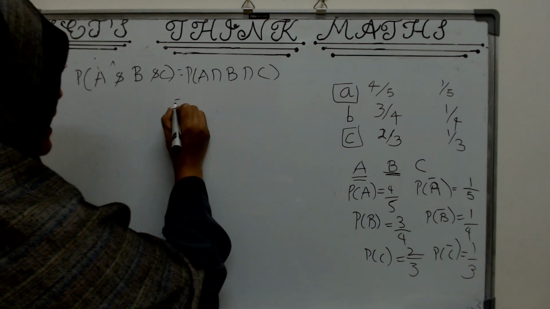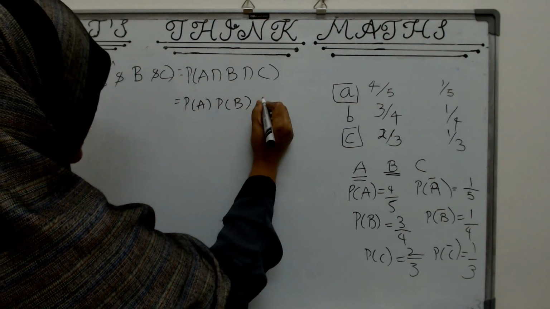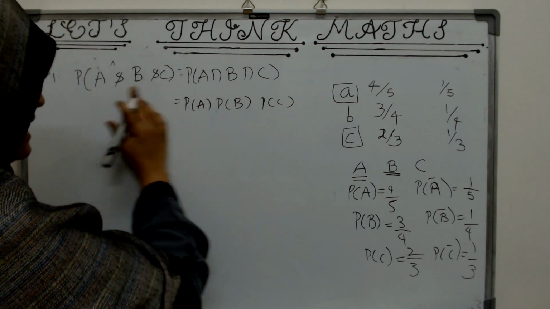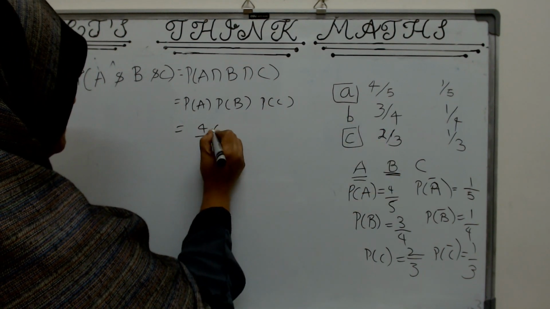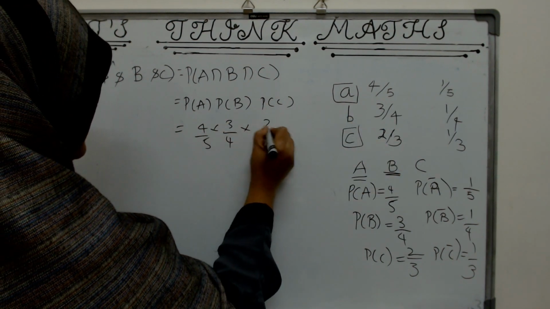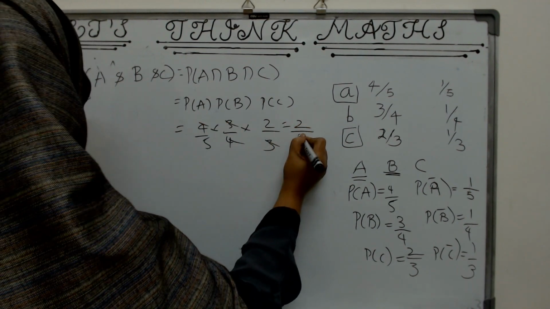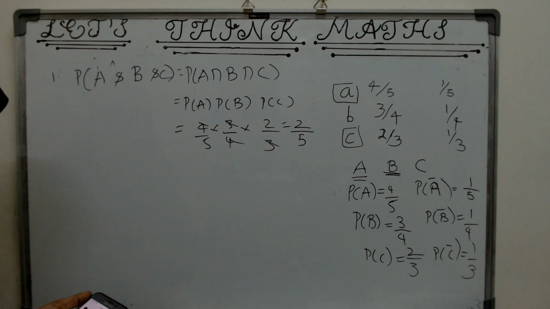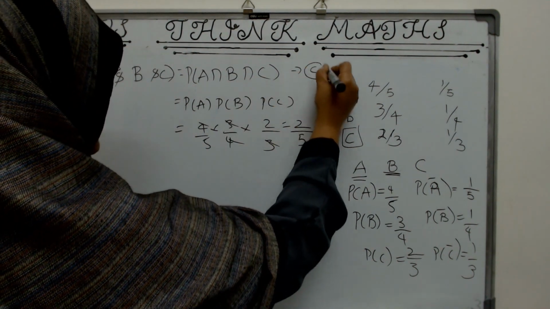So then what do you have? Probability of A into probability of B into probability of C, which is this into this into this. That would be, then you have cut, it is 2 by 5. And let me see what option it is. It is C. The answer is option C.